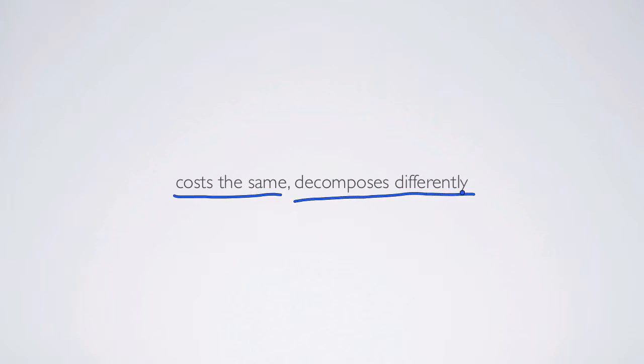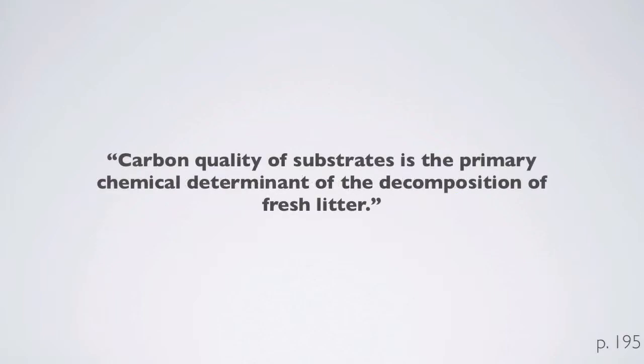But there's big differences in how fast they decompose. Now, the carbon quality of substrates is the primary chemical determinant of the decomposition of fresh litter. So we really need to think about the carbon quality of those substrates if we're trying to understand how fast fresh litter decomposes.